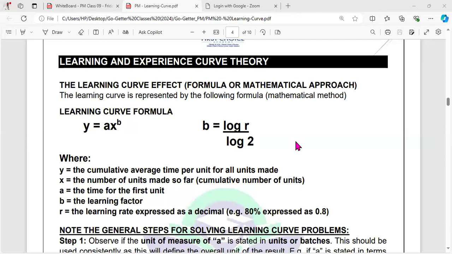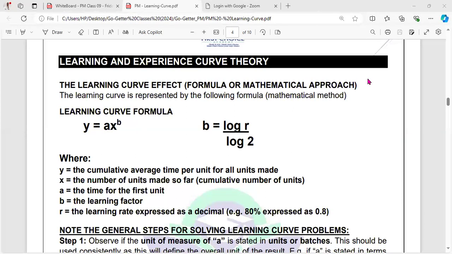Today, we are taking the topic learning and experience curve. We started this topic in the last class, and today we are going to look at it.